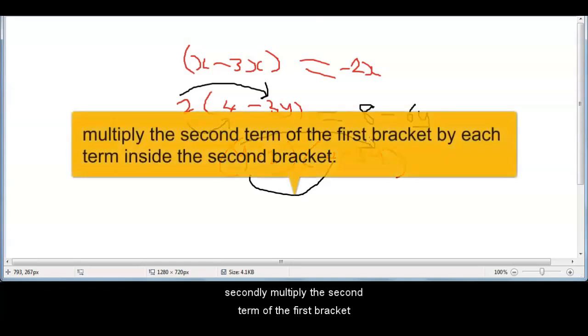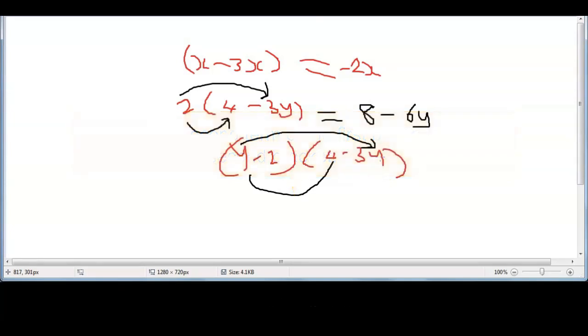Secondly, multiply the second term of the first bracket by each term inside the second bracket. That should be minus 2 by 4 and minus 2 by minus 3y. Finally, you simplify as much as possible by collecting the like terms.